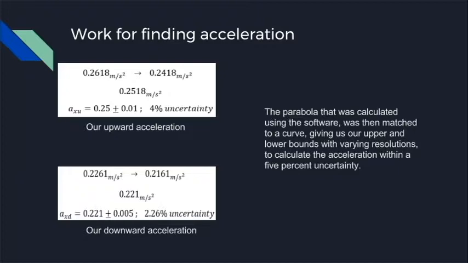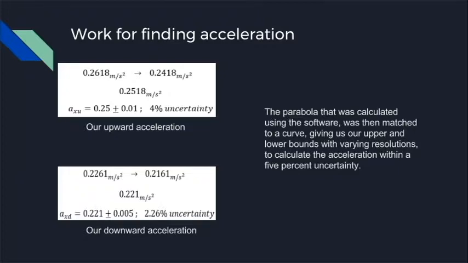By adding them together and dividing by 2, we were able to get an average of 0.2518 meters per second squared as our acceleration as the cart moved up the track. We're then able to calculate a 4% uncertainty for our upward acceleration.